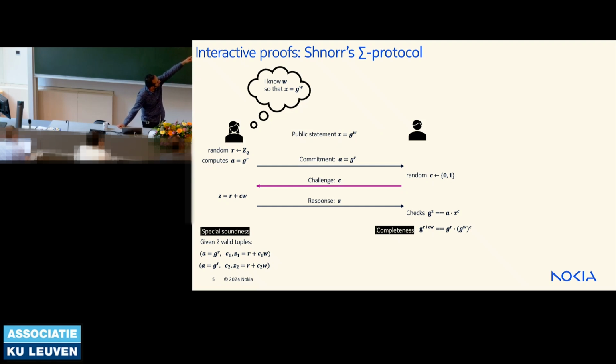If you look at the views, we have A, C, Z, and we have A, C1, and Z1. Forget how it is constructed, but these are valid views of this protocol, two different instances. So what we do is as follows. We divide G to the Z1 by G to the Z2.